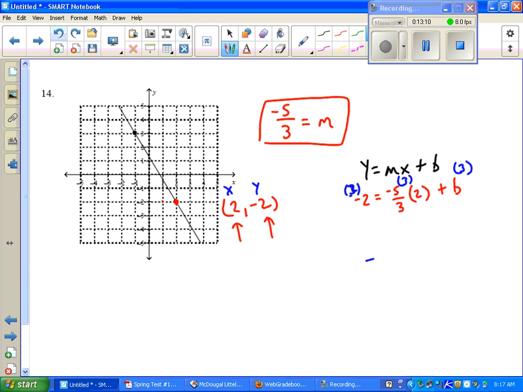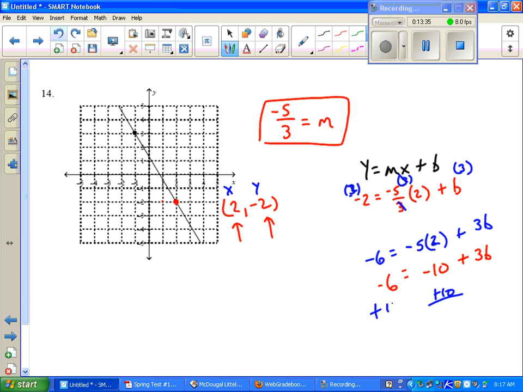So 3 times -2 is -6, equals -5/3 times 3 will cancel it out and just leave you with -5 times 2, plus 3 times b is 3b. So when you multiply -5 times 2, you get -10 plus 3b on the right-hand side, and that's still equal to the -6. Get rid of -10 on the right by adding 10.